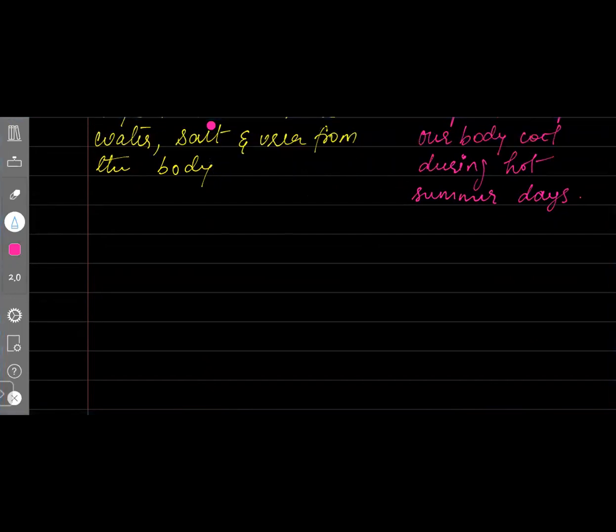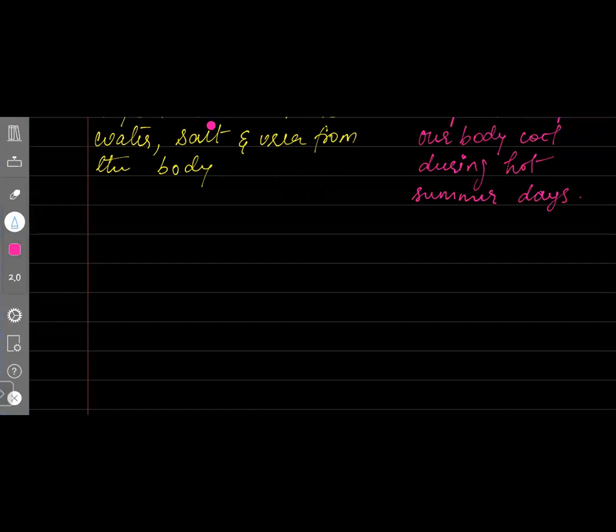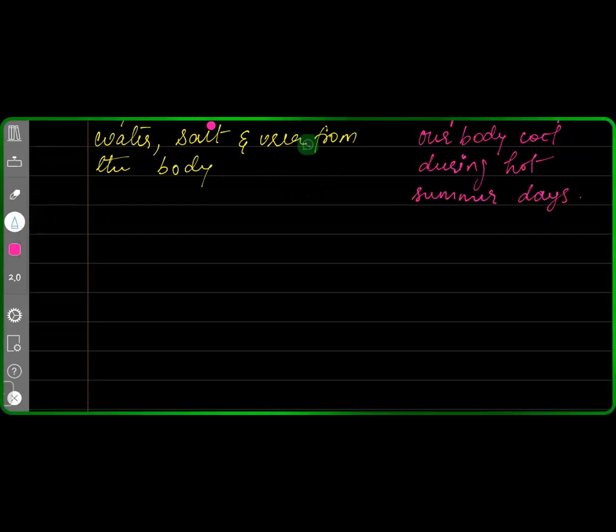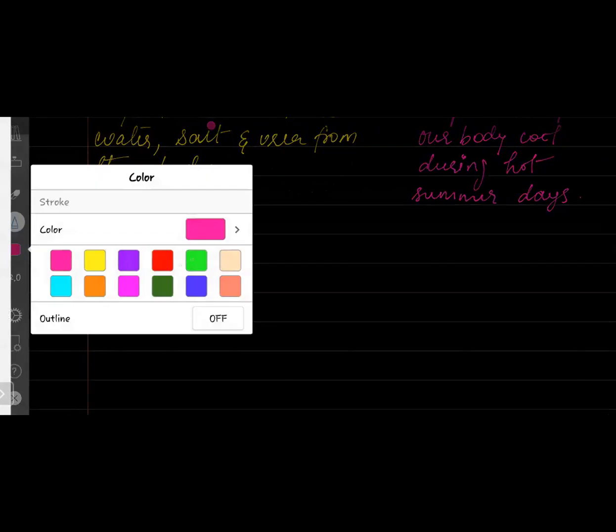If the filtration of blood is not there, then we can only remove the waste from the blood by a process called dialysis. From the dialysis process we can remove this. So we'll see dialysis.